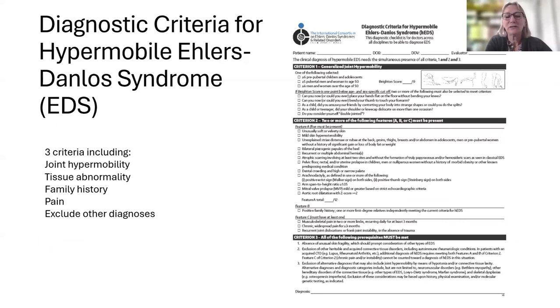And then the last criterion basically makes sure that there's nothing else going on. They check that there's no other diagnosis in there that could cover up the EDS. But that's a really quite significant, specific checklist.